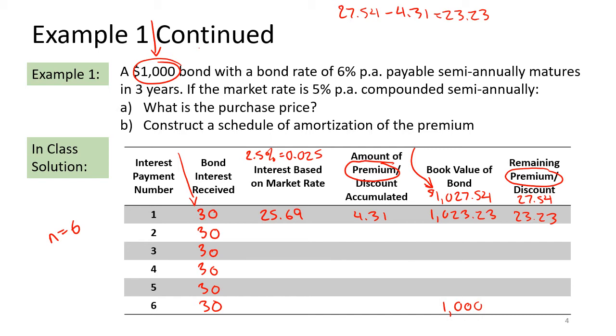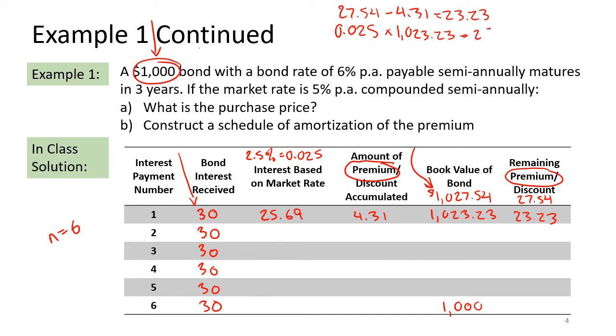So if we look at our second interest payment number, we're going to do the calculations the same way. You're going to see that it's starting to look similar to an amortization schedule. So our interest based on the market rate is simply 0.025 multiplied by our current book value, $1,023.23, again, because it was reduced after our first interest payment.